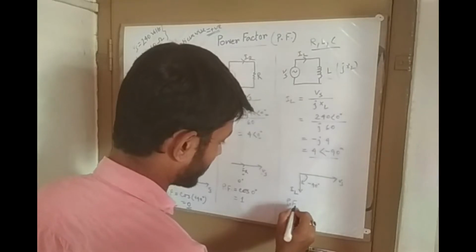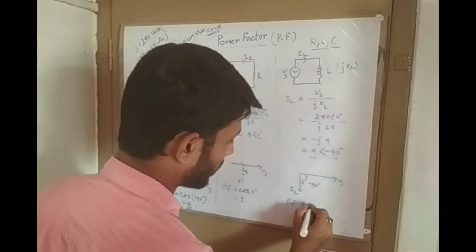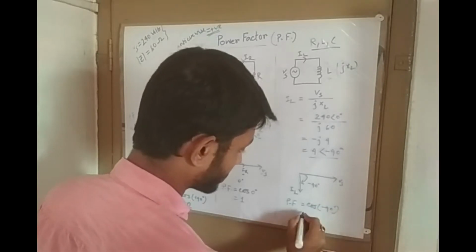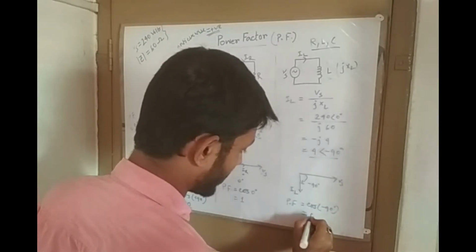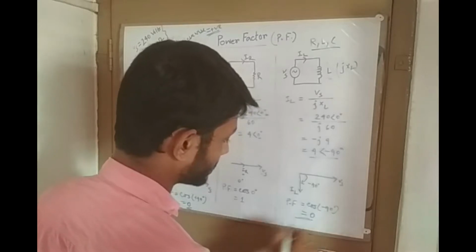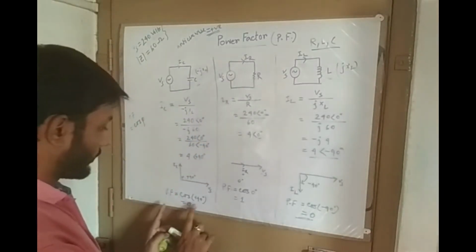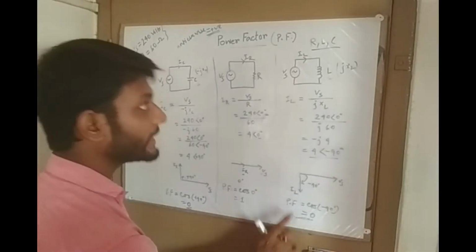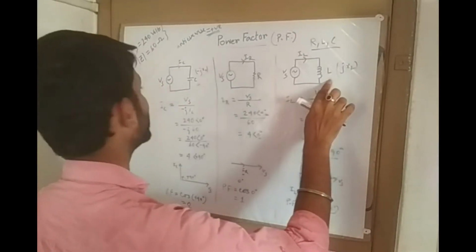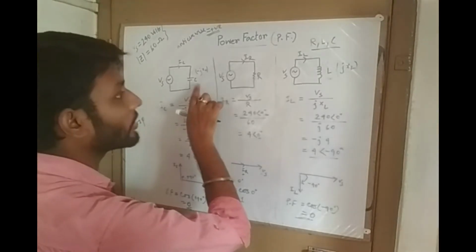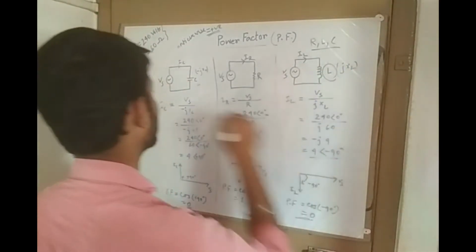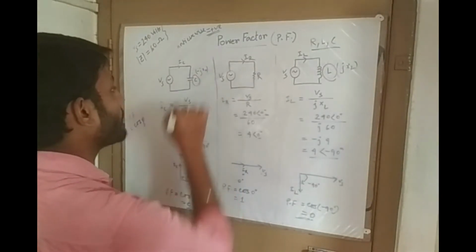And here the power factor is cos of minus 90 degree. It is also 0. So from these two we can say the power factor is 0 when the load is either purely inductive or purely capacitive.